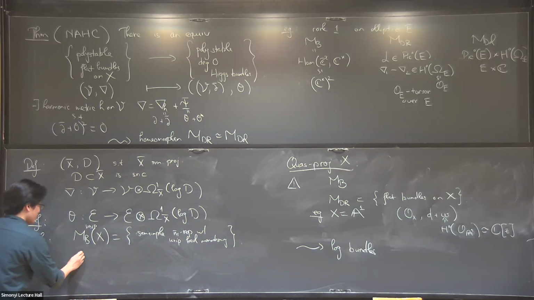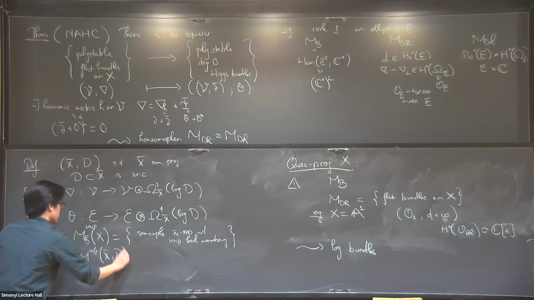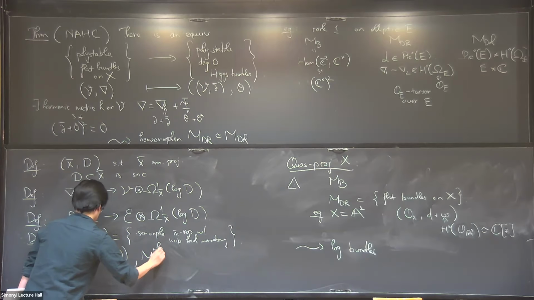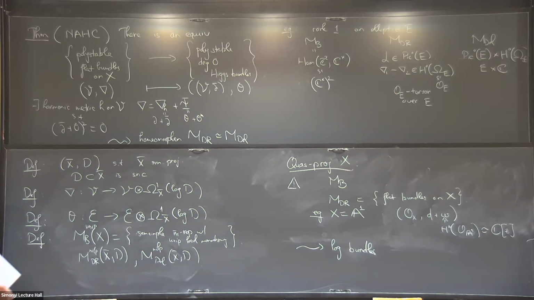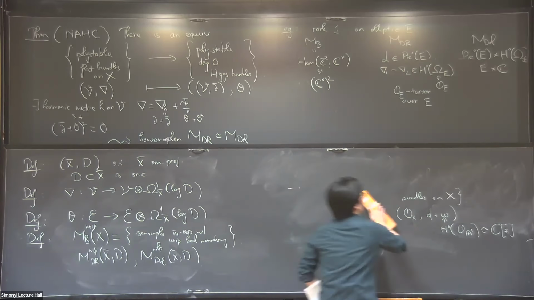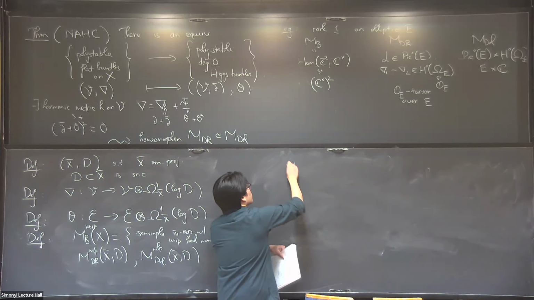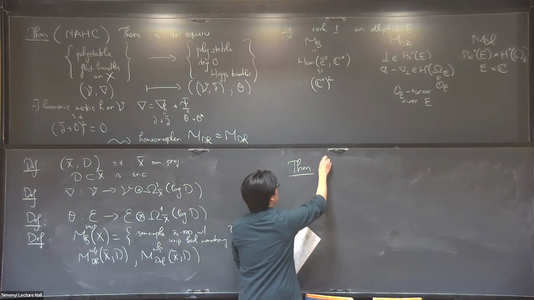And then on the Dolbeault side, I will require the residue along this D to be nilpotent. Then we do have a nice non-abelian Hodge correspondence in this situation.